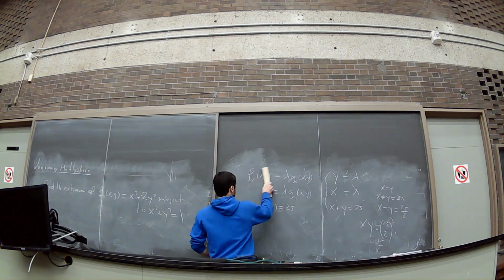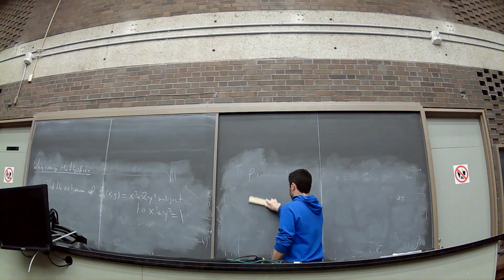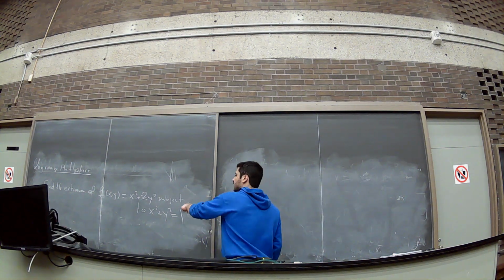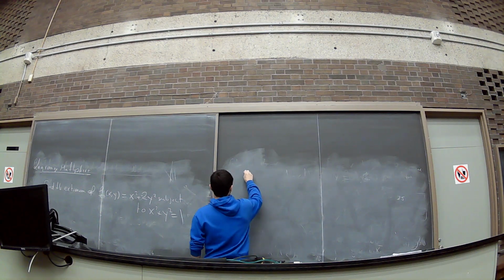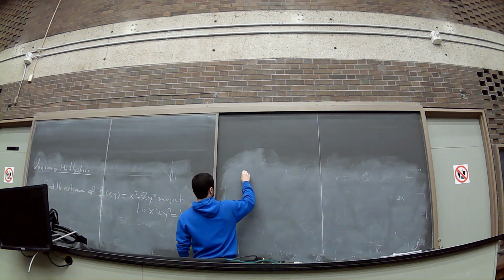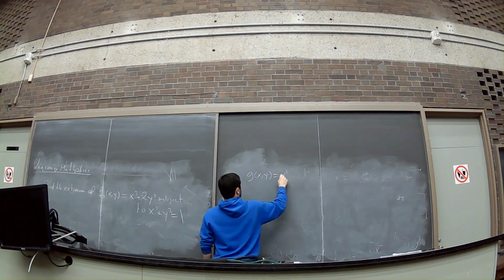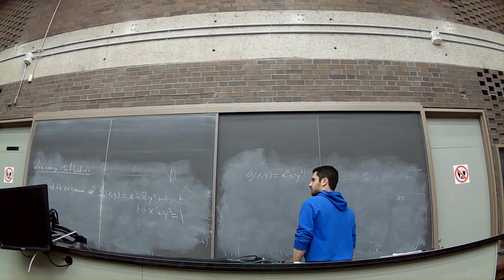What is my f(x, y) here? It is x squared plus 2y squared. And my g(x, y) is x squared plus y squared.